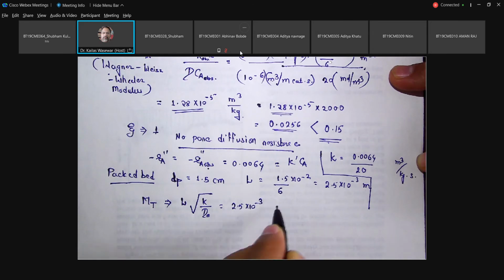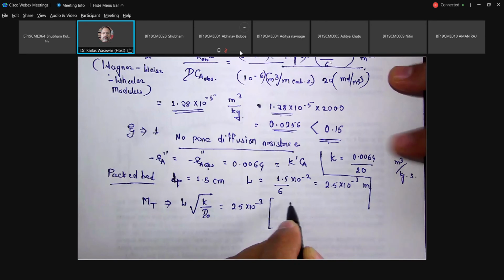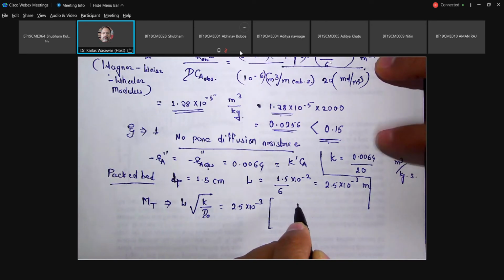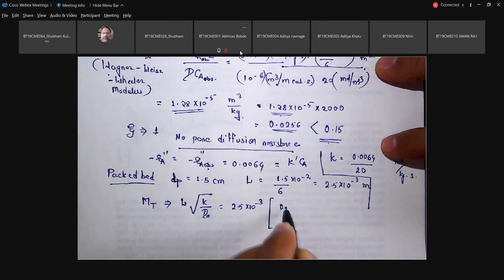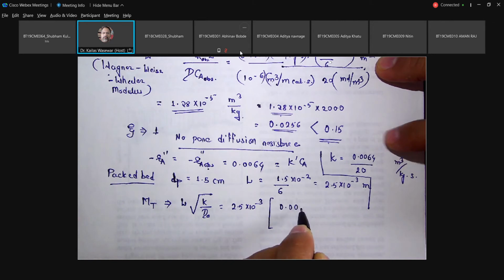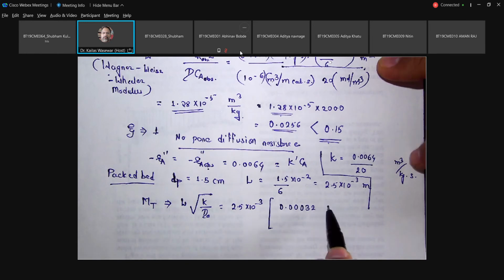K will be, what is this value? 0.00, one more zero will be there, 0.32. It will be in meter cube per kg.